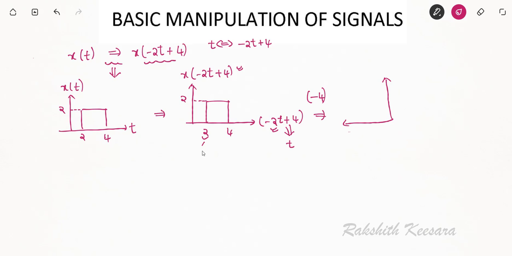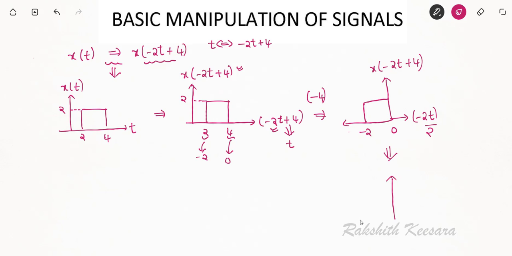This will be converted to minus 2 and this will be moved to 0. That is minus 2, 0. Now my time is minus 2t here. The axis is minus 2t. This is minus 2t plus 4. Now it should be divided by 2.